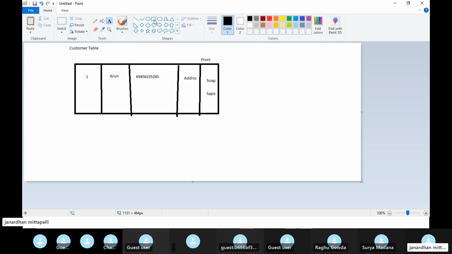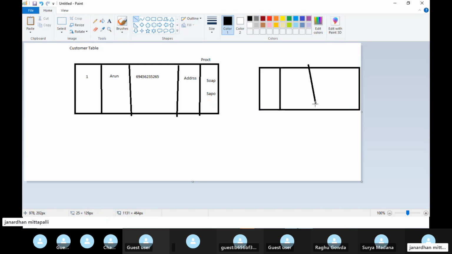If you create a separate table for product as well, then what will happen? You'll have some product ID, product name, product color, and product size or something.